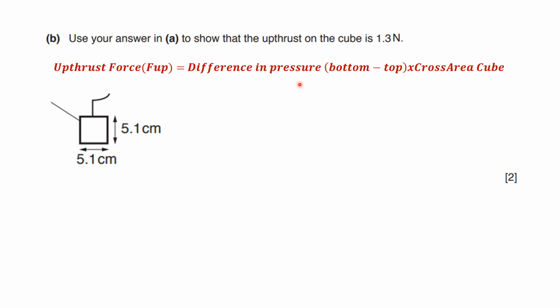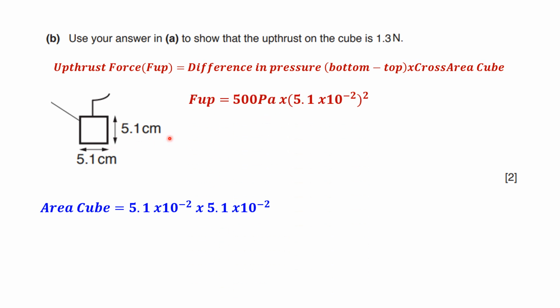We already have this pressure, and the area of the cube in meters is 5.1 times 10 to the negative 2 times the same value, because the cube has the same length on all sides. So here is 500 Pascal times the area squared. So the upthrust force is 1.3 newtons.